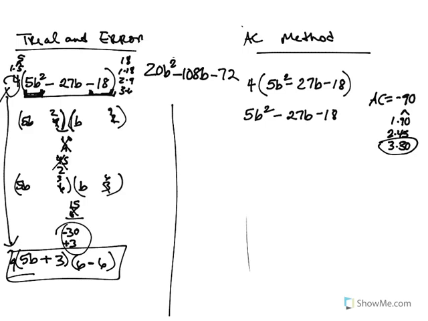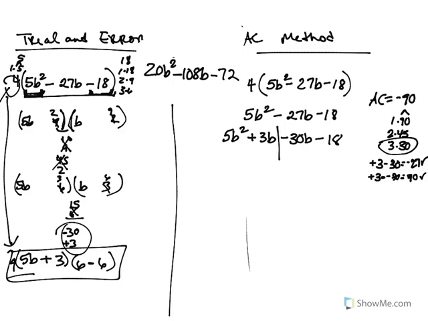How would I get it? A plus 3 minus 30 would give me negative 27. If I multiply those together, it gives me negative 90. Yes. So 5b squared plus 3b minus 30b minus 18.